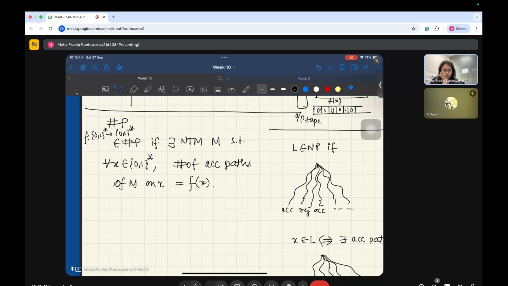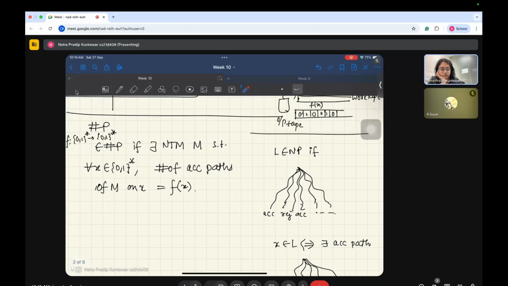Earlier it was sufficient to have one accepting path for a string to be in L, but now for that x we want exactly f of x many accepting paths in the Turing machine, for all x.